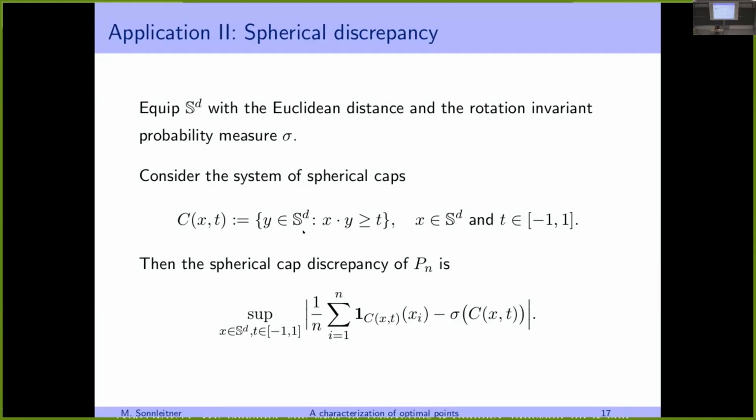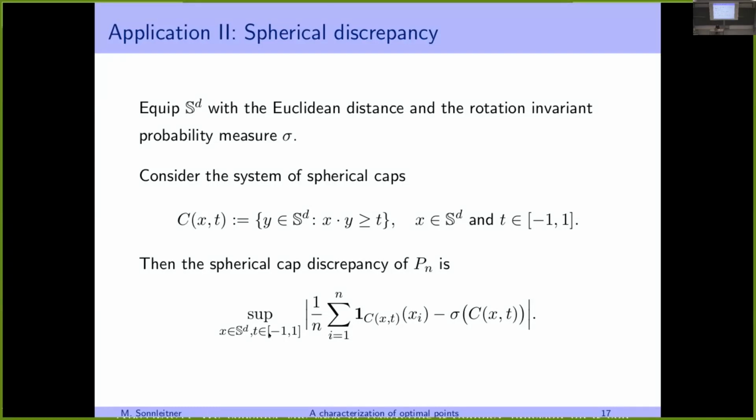So these are intersections of the sphere with half spaces. And one can look at the spherical cap discrepancy, which is as follows. One looks for each cap at the proportion of points inside and the difference to the actual measure of this cap. And one takes the supremum over all caps.